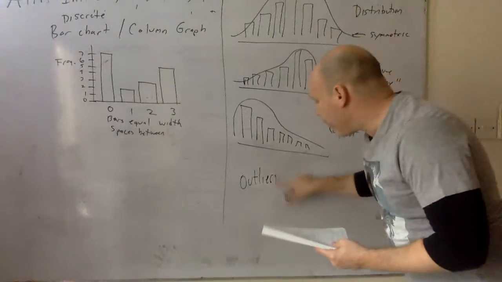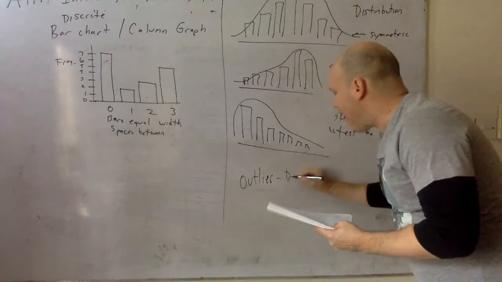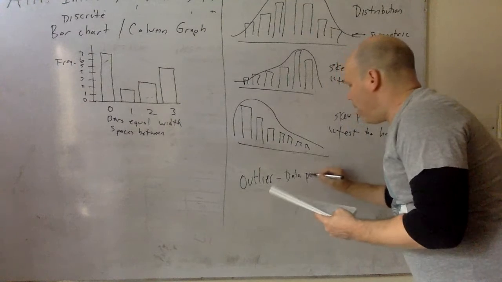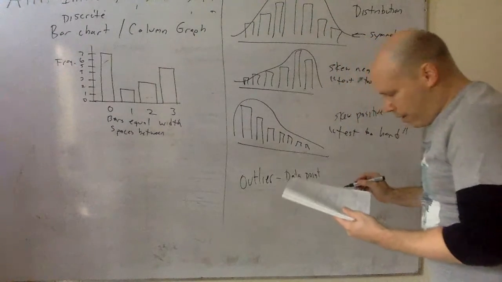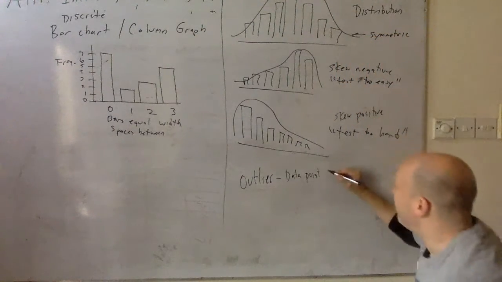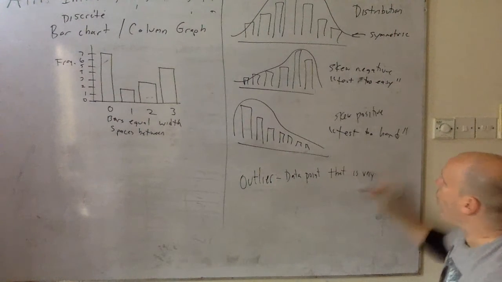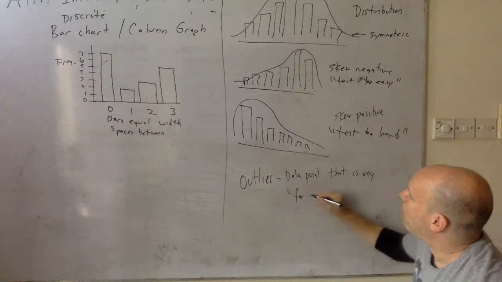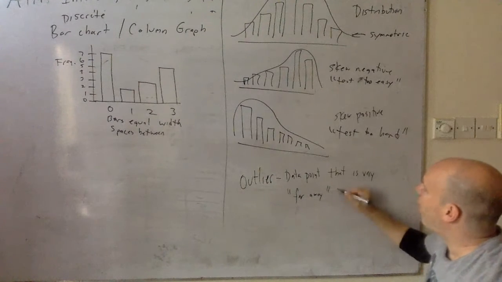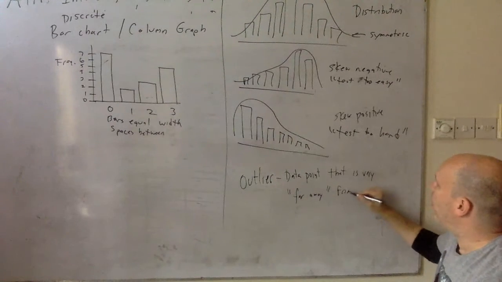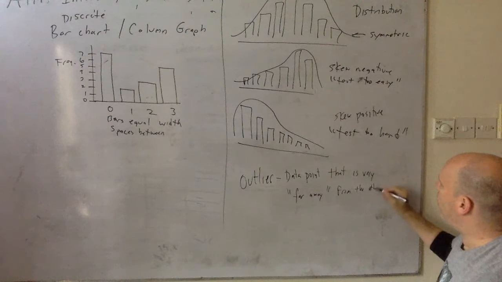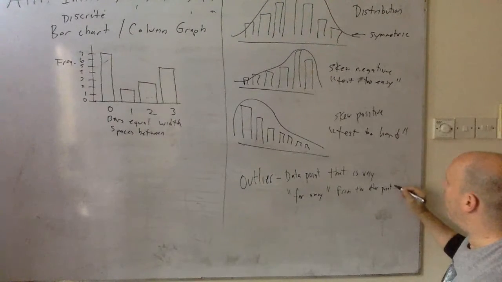And that's known as an outlier. An outlier is a data point that is very far away from the other points.